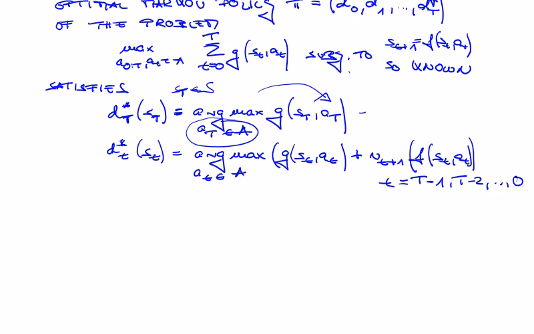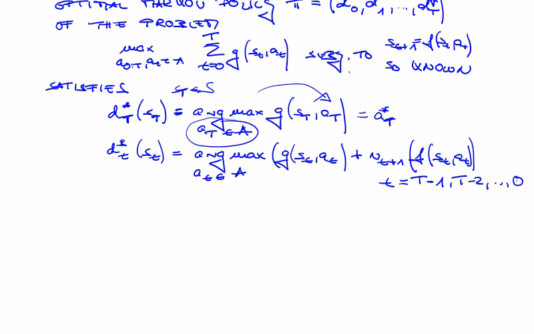You can also write this here as the optimal action at time point t. And to find that, you have to find the maximum of the reward function at the final time point with respect to the action as a function of the state.